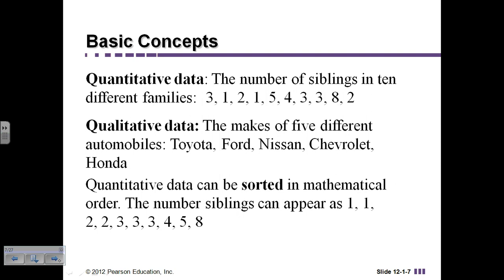So some things are easier to manipulate than others. For example, the number of siblings, you could actually take that information and do some sort of analysis with it. Whereas the different automobile types, you would have to figure out something else to do with that data. So again, quantitative is more common, and that's what we're going to be dealing with in some of these things.